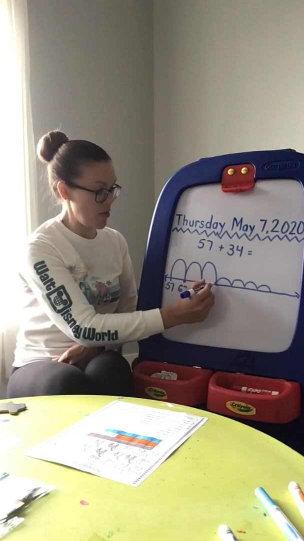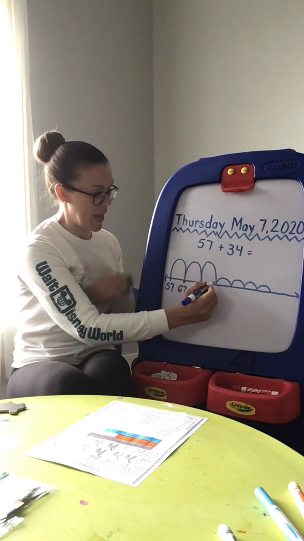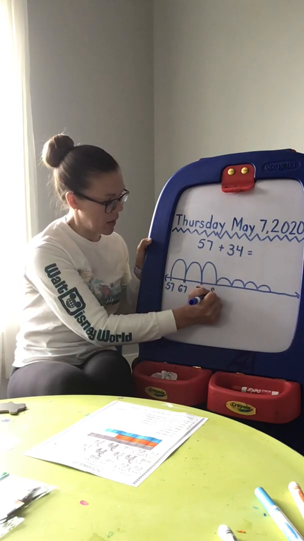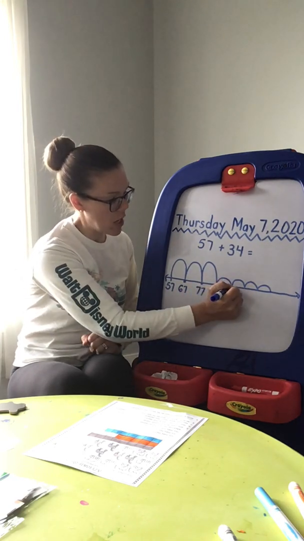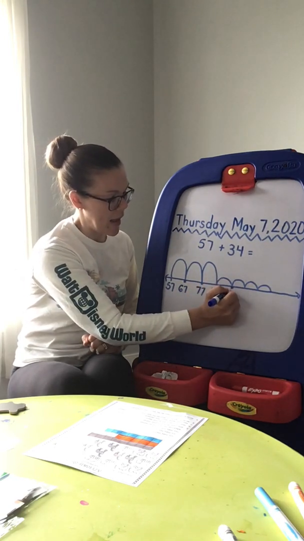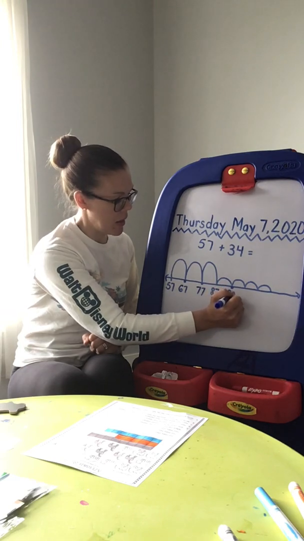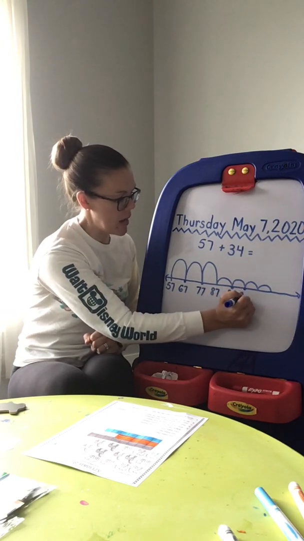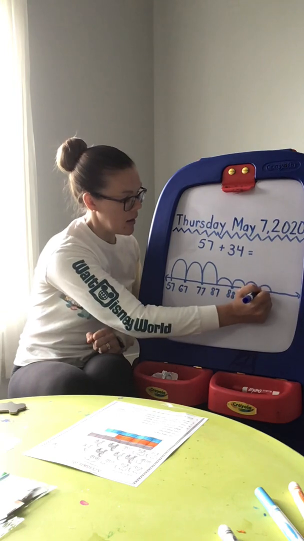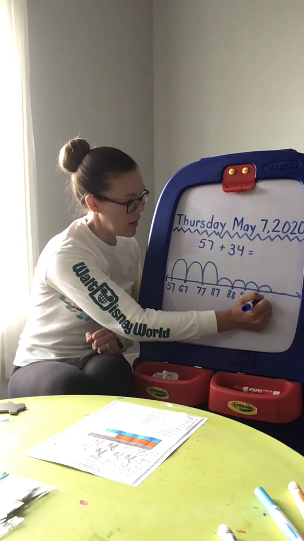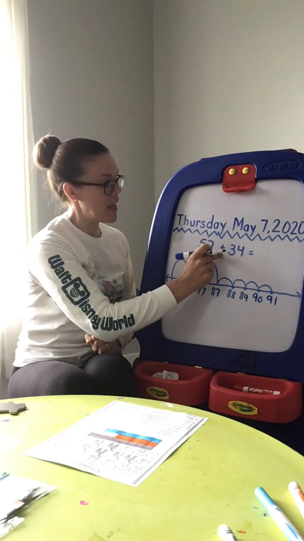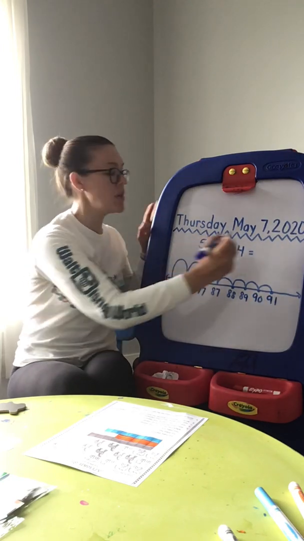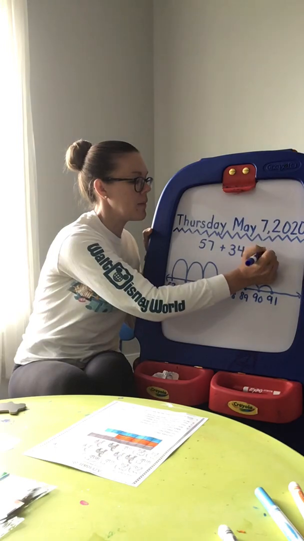Looks like I have another 10 jump. 77 plus 10 equals 87. Now I'm at my 1s jumps. 88, 89, 90, 91. 57 plus 34 equals 91.